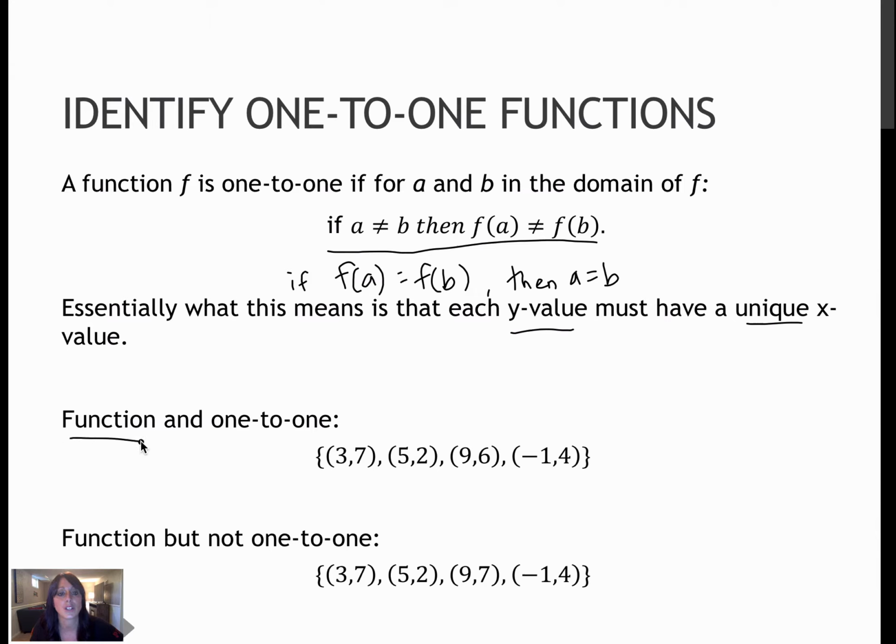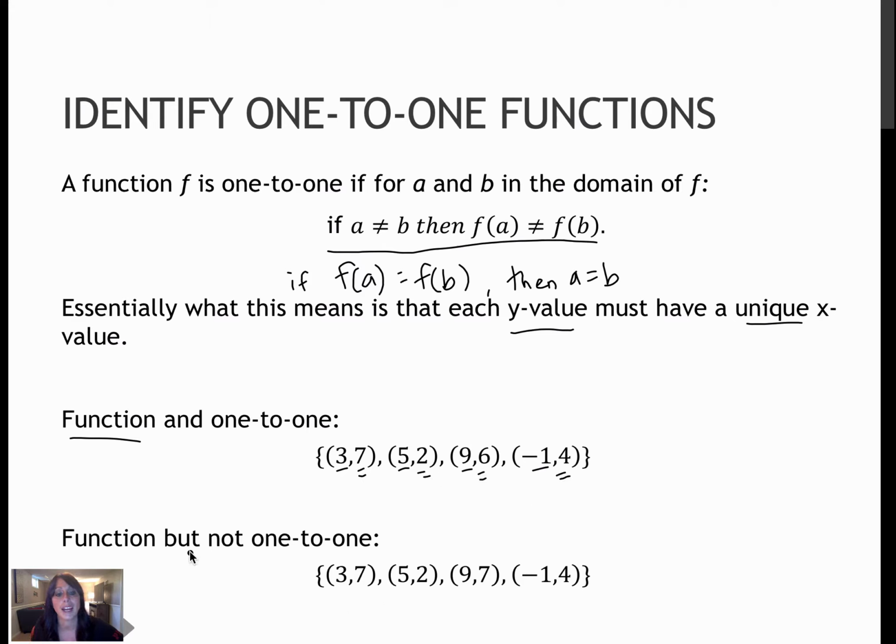The first one is a function because I have unique x values that don't map to the same y value. So when we check for a function, we're asking, does every x have a unique y? Now we're looking at not whether or not it's one-to-one. So here, notice all of my y values, 7, 2, 6, and 4, are all different.